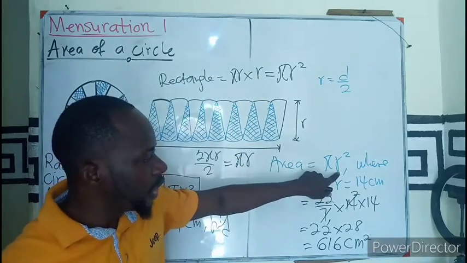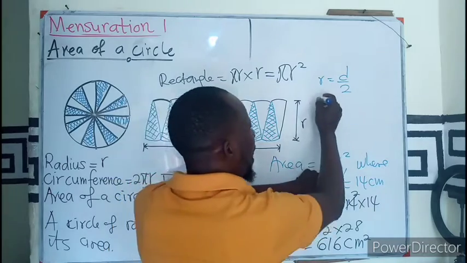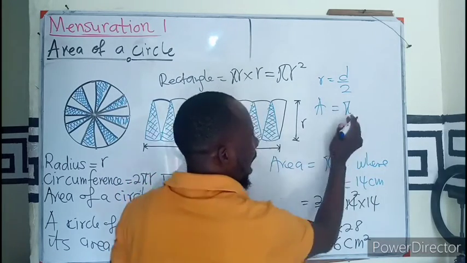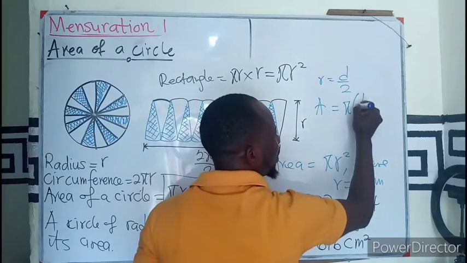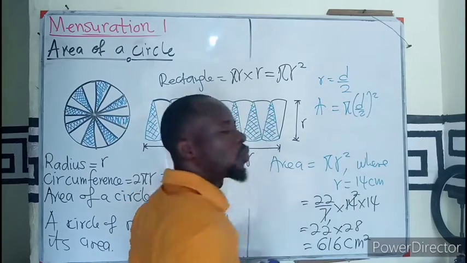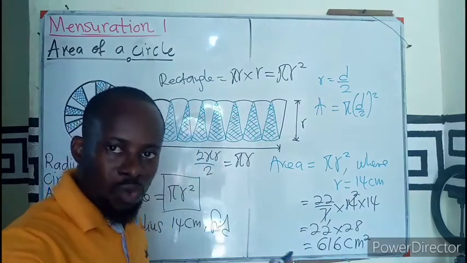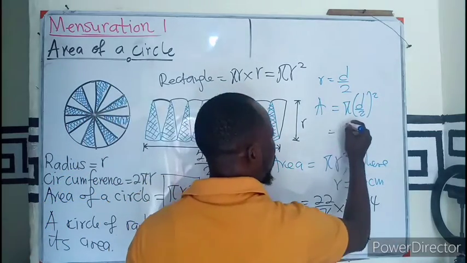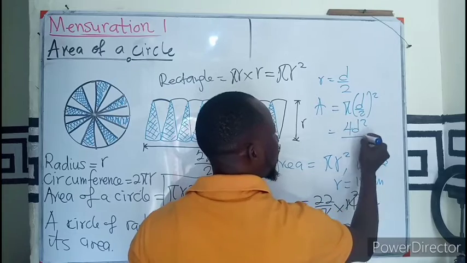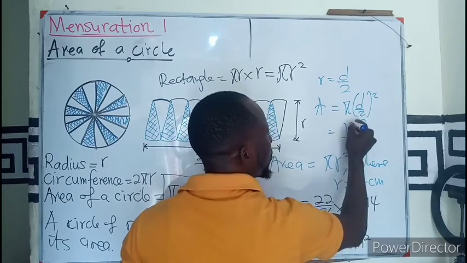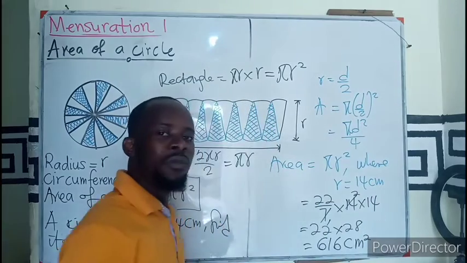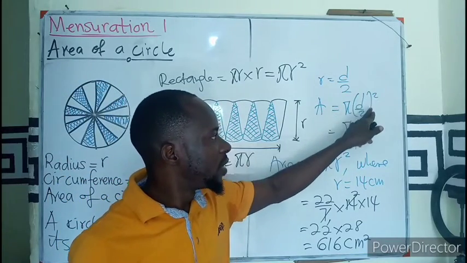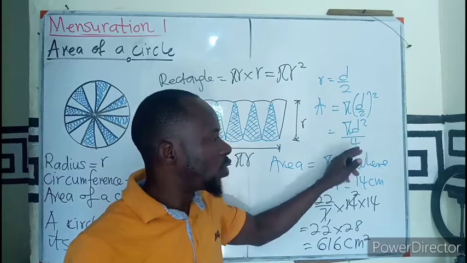If I substitute into this formula, your area is going to be pi r, which is now d over 2 all squared. So d squared, 2 squared will be 4. So we have pi d squared over 4.